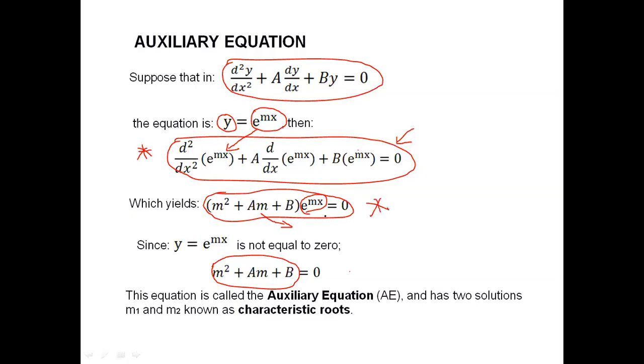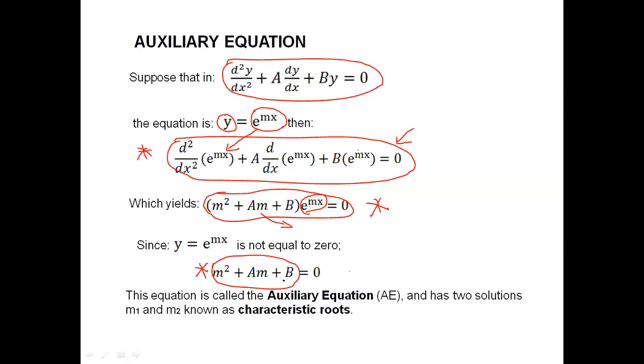Then we said, since the value of y cannot be equal to 0, and the product of y and this quadratic function should give us 0, it is very clear that m squared plus am plus b should be equal to 0.